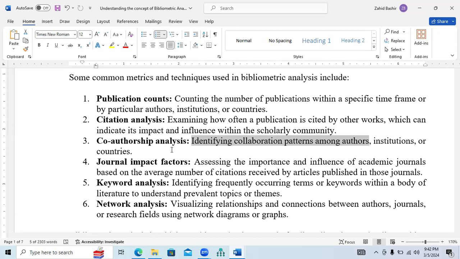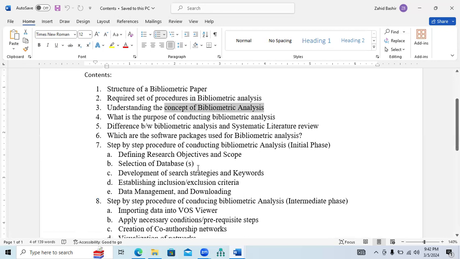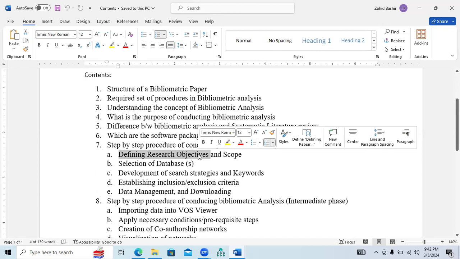I will show you some research papers where the authors have managed the research question. Basically, as I said when I was discussing the step-by-step procedure of conducting bibliometric analysis, the first thing was the research objective. If your research objective is to combine the co-authors from different domains or different countries, you can do it.